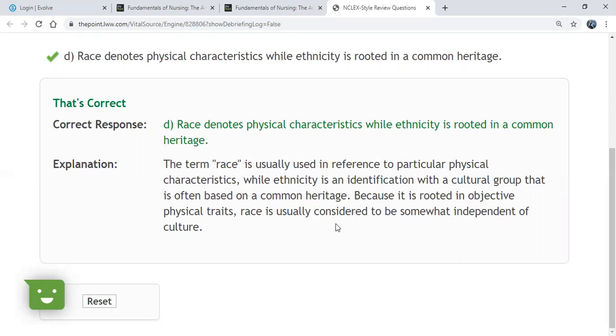I need big feet to race, long legs to race, so I can be a fast runner. Ethnic is going to be about my cooking. Like I'm Spanish, so I use those ethnic ingredients when I cook. It's about the things that my grandparents and my ancestors taught me.